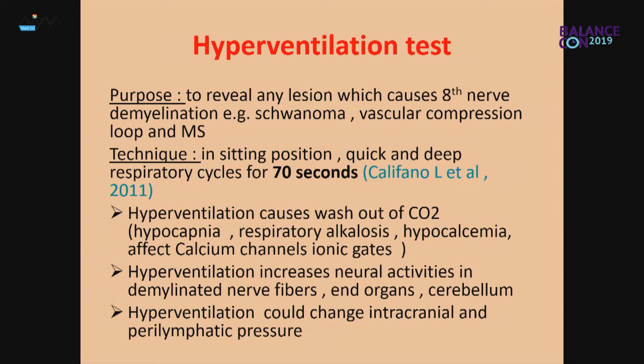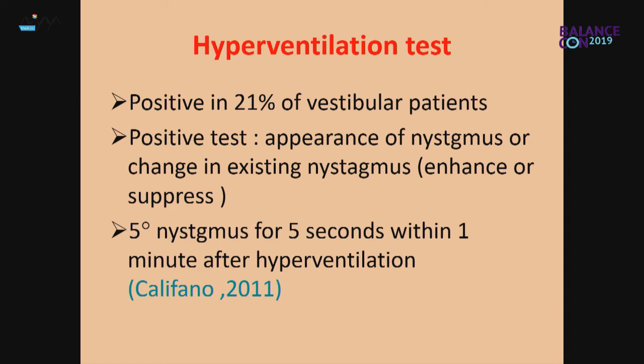So it can work either to increase the excitability in the demyelinated structures, either the nerve or the cerebellum, or it can work through changing the intracranial pressure. So sometimes the hyperventilation test will provoke a nystagmus originating from a dehiscent superior canal or from a perilymphatic fistula as well.